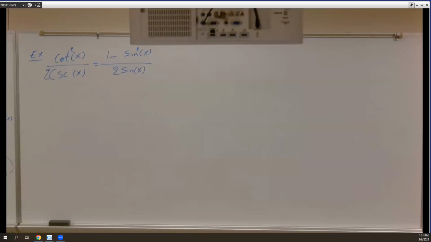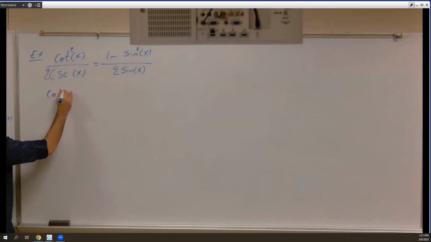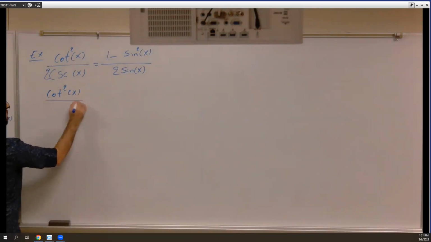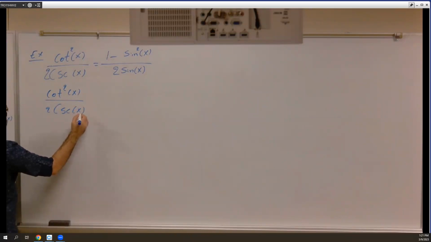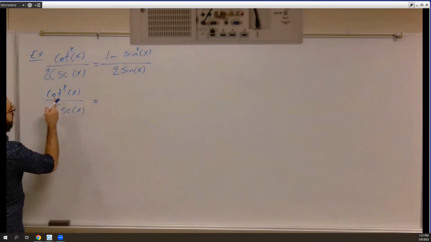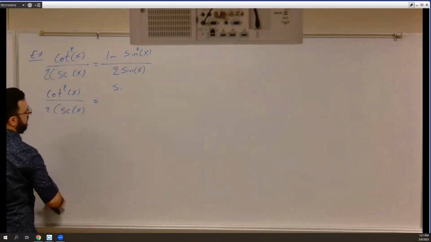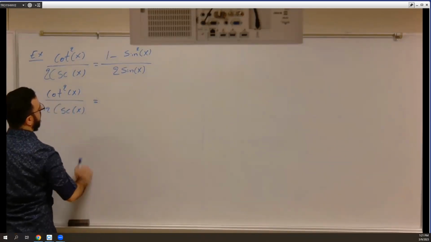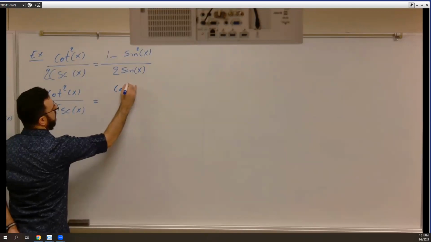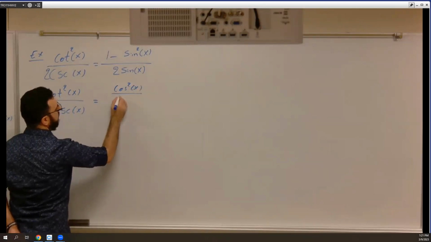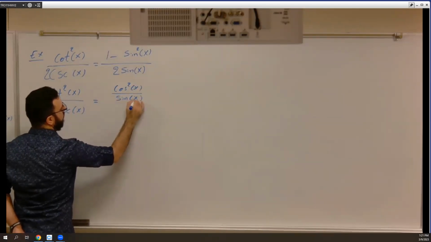Here's the thing. We're going to start from this side, and when you go back to cotangent square x over cosecant x equals 2 times secant x. So what I'm going to do: cotangent is what? Cosine square x over sine square x.